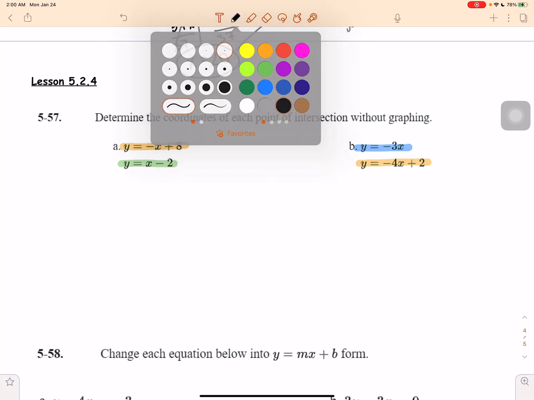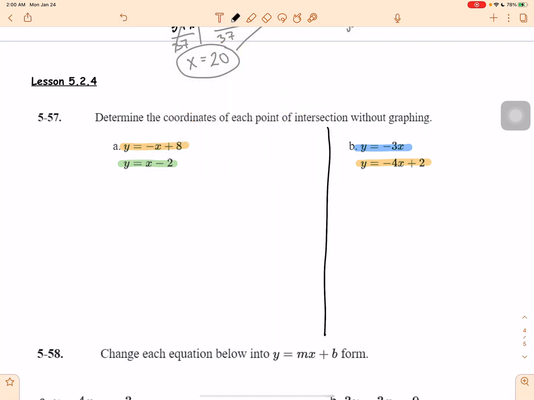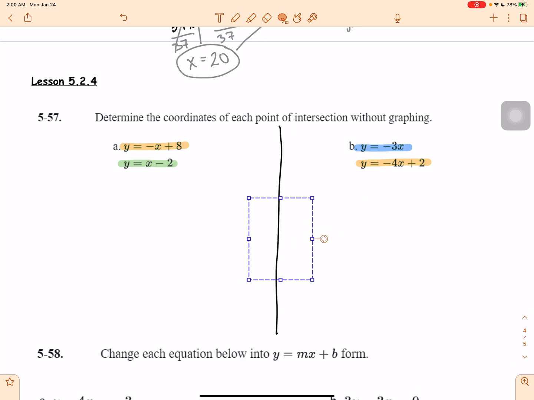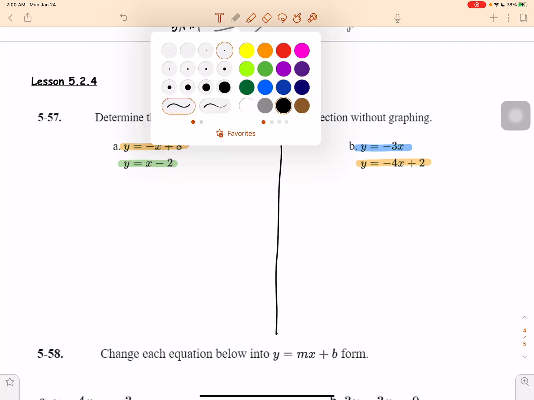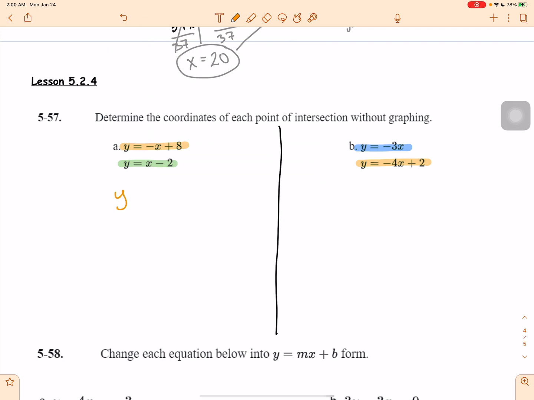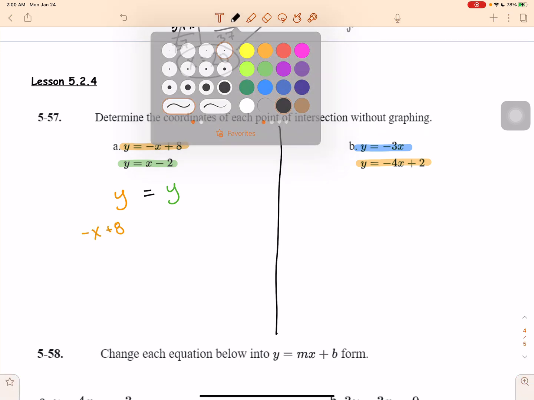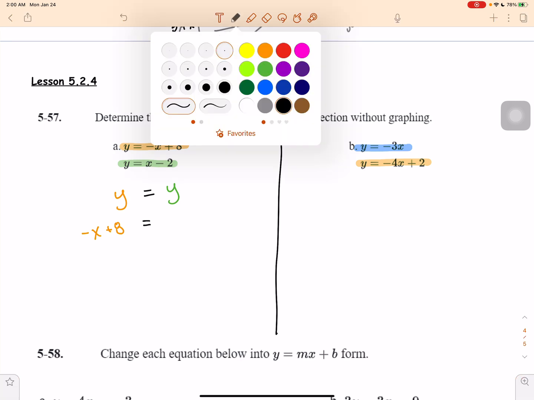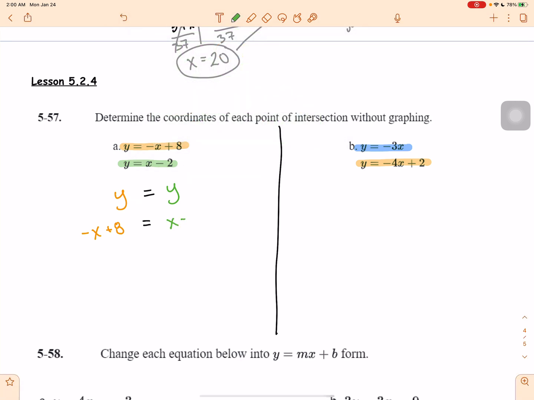And just know that these are two separate problems, okay? So over here, if y equals y, because that's what you're trying to figure out, you need to set up your equations. So this y over here, the negative x plus 8, equals the y that is x minus 2.